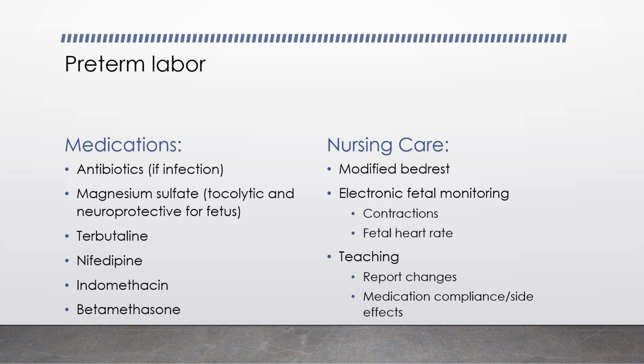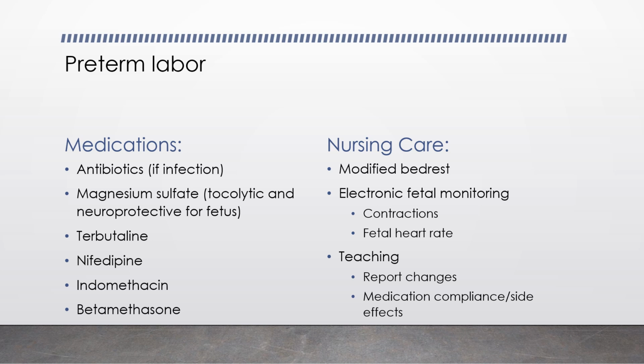Medications for preterm labor include antibiotics if it's determined that they have an infection. Sometimes in some nursing units they give magnesium sulfate because it does have tocolytic properties. It is a smooth muscle relaxant, and the uterus is a smooth muscle.